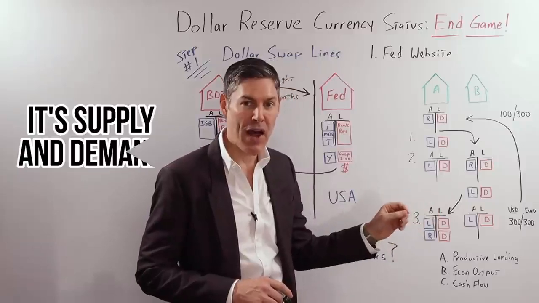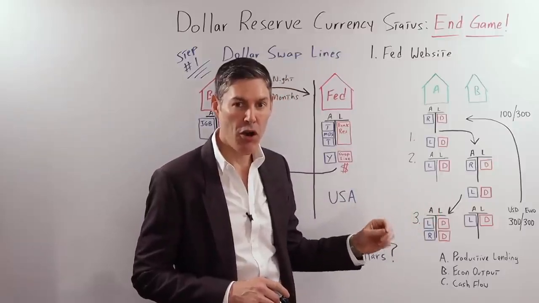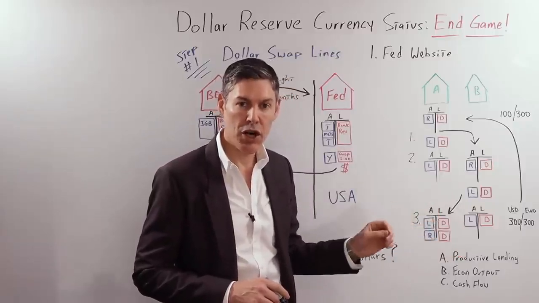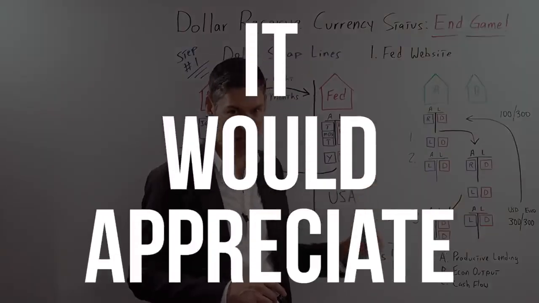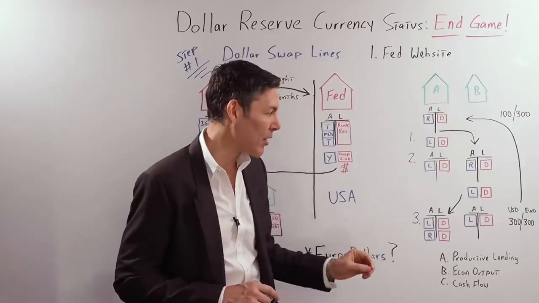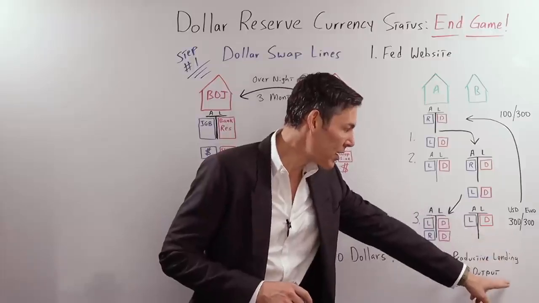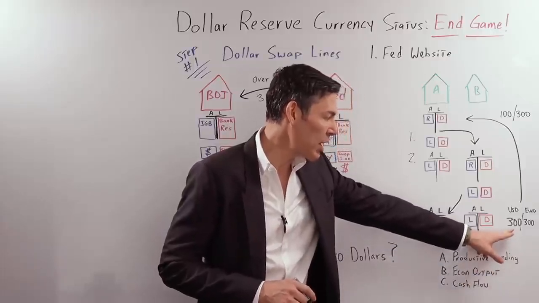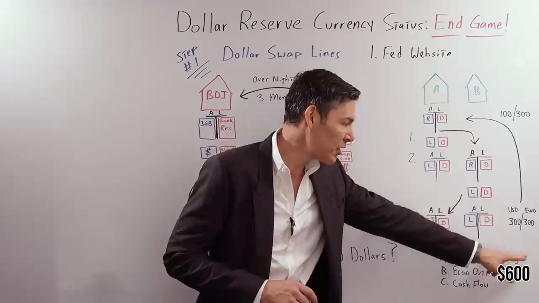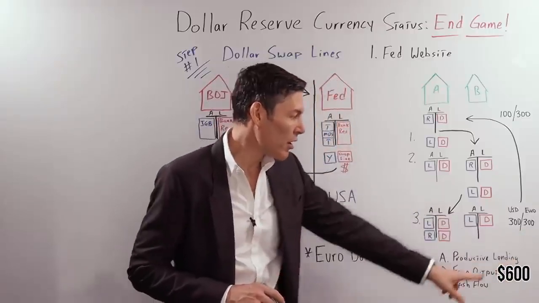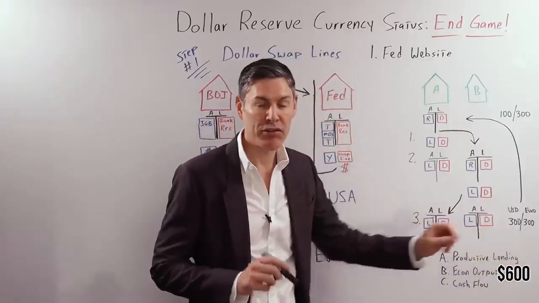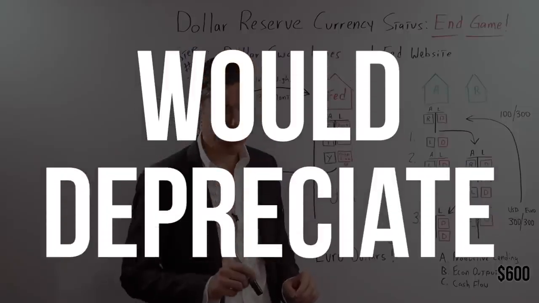What would happen to the value of the dollar relative to the euro? It would appreciate. And the opposite would happen. If we created more money in the system, let's say we went from 300 to 600, but then there were only 300 euros, the value of the dollar most likely would depreciate.